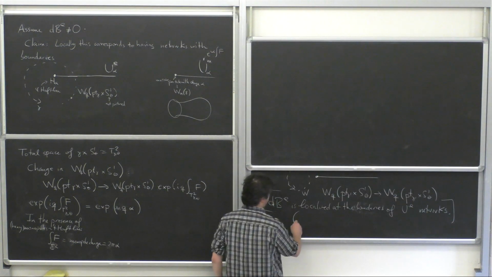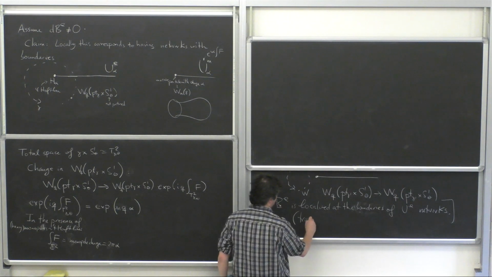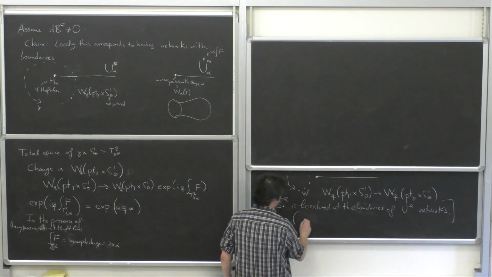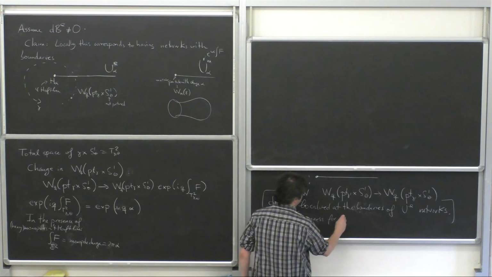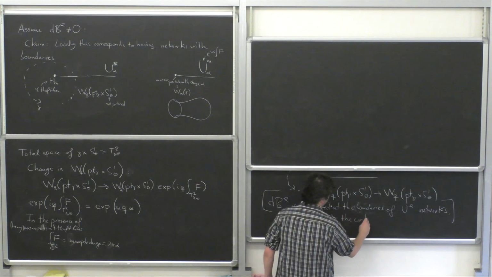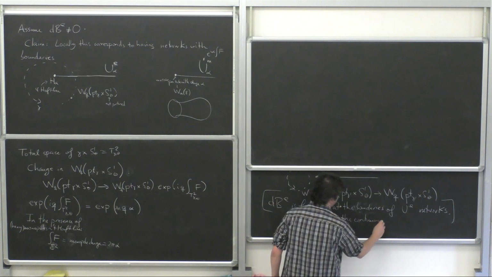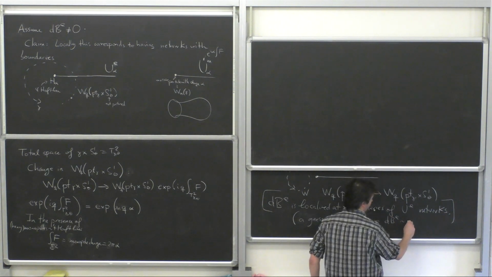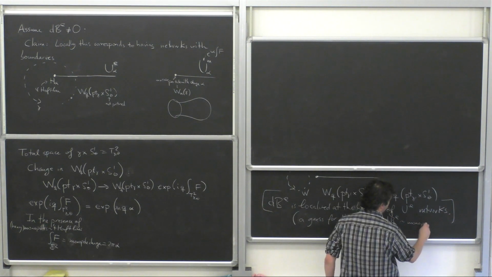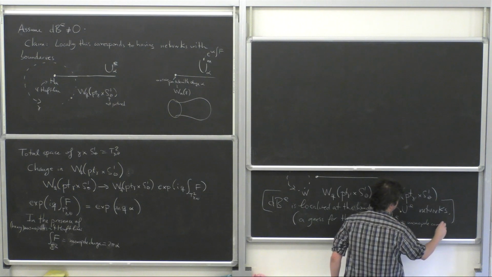Okay, so perhaps translating, I guess for the continuum, dB is something like a monopole current.